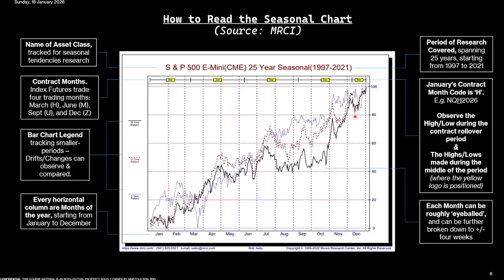You can see that there's a low that's being made, again, looking at the 25-year, in mid-December before bullish price delivery into the end of the year.